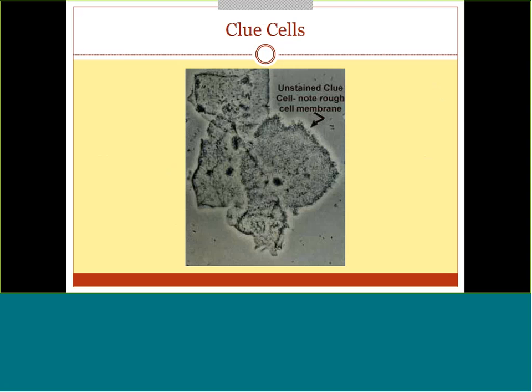So this is kind of what it looks like. You can tell that these are large squamous epithelial cells, which are skin, but you can see that they're definitely filled up with something. They're not clear here like they normally are. And these borders are very rough and not very nicely outlined like they typically are. And again, if you focus up and down, they should be a little bit refractile.